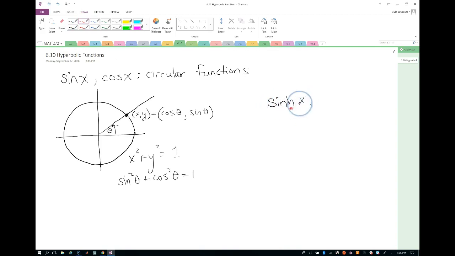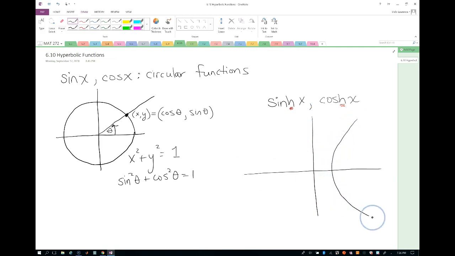So this is hyperbolic sine. You might hear somebody call it sinh, just for short, or cosh. So that's hyperbolic cosine. And the difference with these is that they don't satisfy the equation of the unit circle. They satisfy the equation of a hyperbola. And a hyperbola looks kind of like two sideways parabolas.